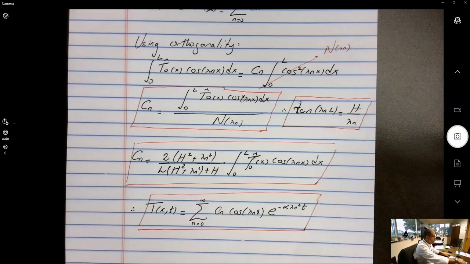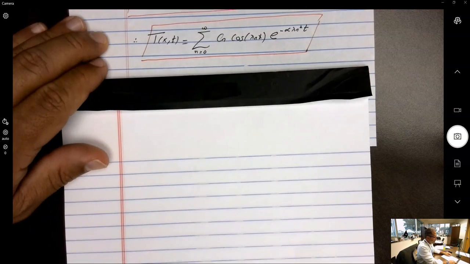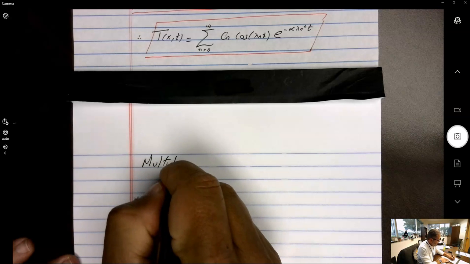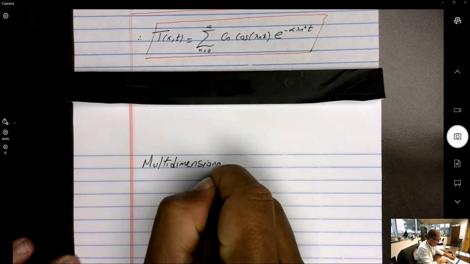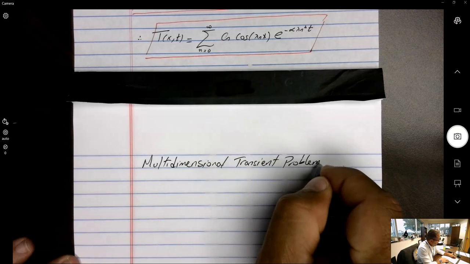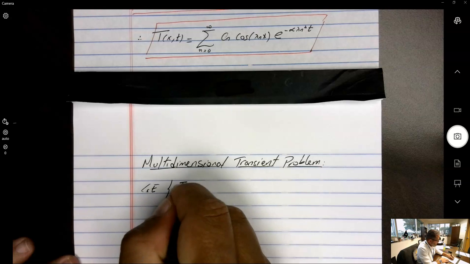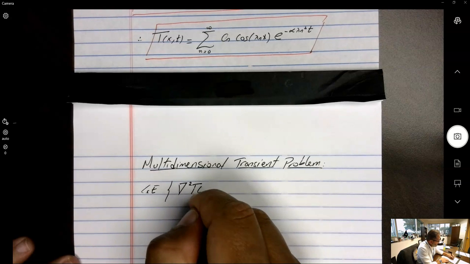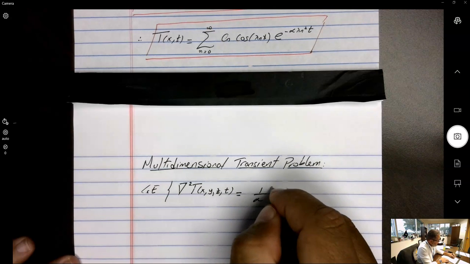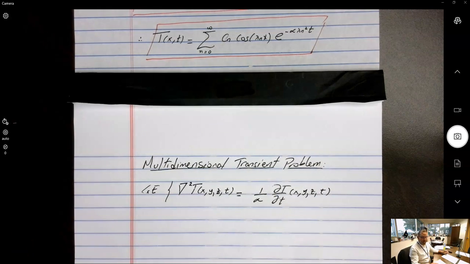Now, what would happen, let's move along, if the problem is multidimensional? So if you have a multidimensional transient problem, let's say that the governing equation looks like the Laplacian of T, and T is now a function of x, y, z, and time, so full-fledged multidimensional and transient.